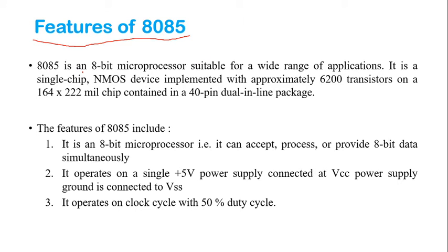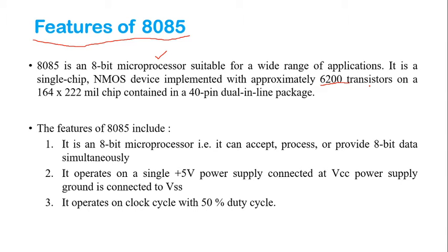So 8085 is an 8-bit microprocessor suitable for a wide range of applications. It is a single chip and most devices are implemented with approximately 6200 transistors on a 164 by 222 mil chip contained in a 40 pin dual inline package. So we already know that a microprocessor works based on transistors, so we can also call it transistor logic.